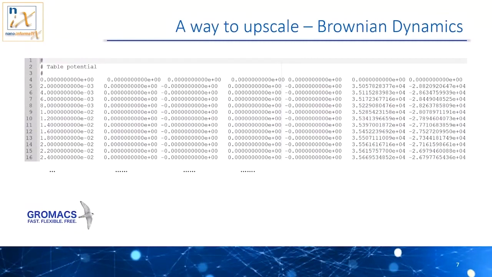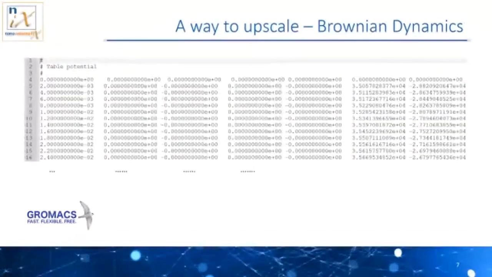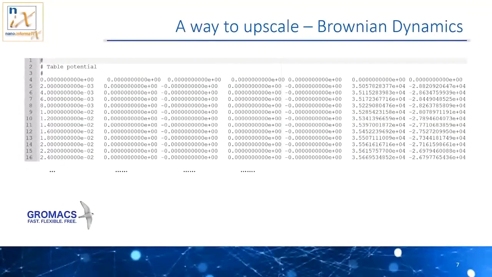The first column is for the distance x between the particles. The second and the third are for a function f and its negative derivative. The fourth and fifth are for a function g and its negative derivative. And the last two are for a function h and its negative derivative. So F is the electrostatic term, G is the attractive term, and H is the repulsive term.